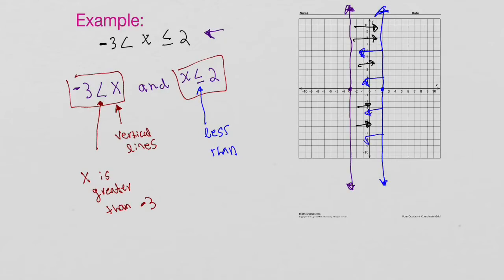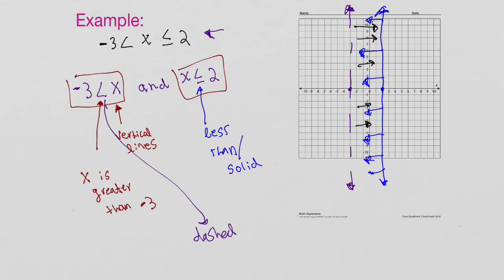And I actually made a small mistake, but this one is supposed to be a dotted line or a dashed line. So here, let me just write that, dashed, and then here we have less than and solid because of that equal to that's here below that symbol. So here I fixed it.